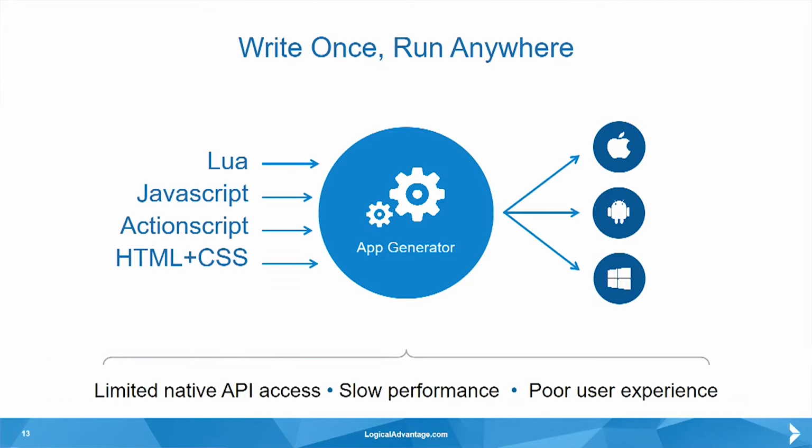Then you also have things like Cordova that use JavaScript and HTML and CSS. You write once, run it anywhere, but with performance issues and running into having the same UI across all devices, it doesn't look like that device's UI.